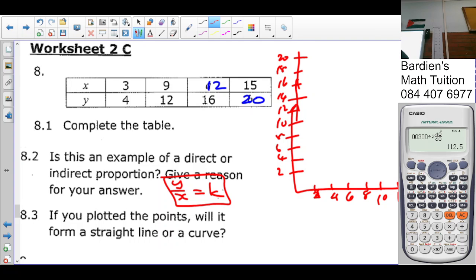So 3 and 4, 9 and 12, 12 and 16, 15 and 20. Can you see that, people? Yeah. It's forming a straight line. Okay. This is by approximation.